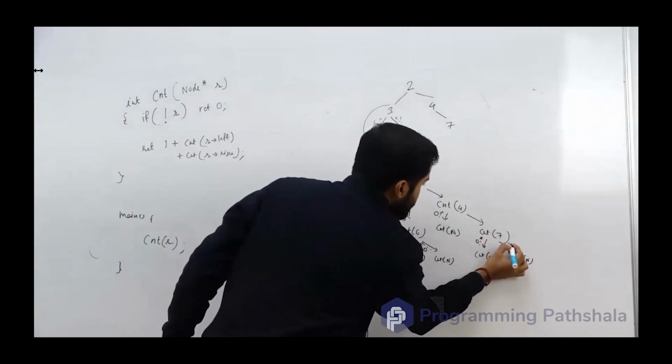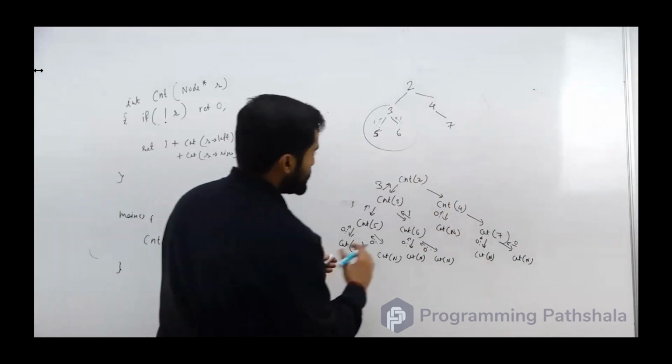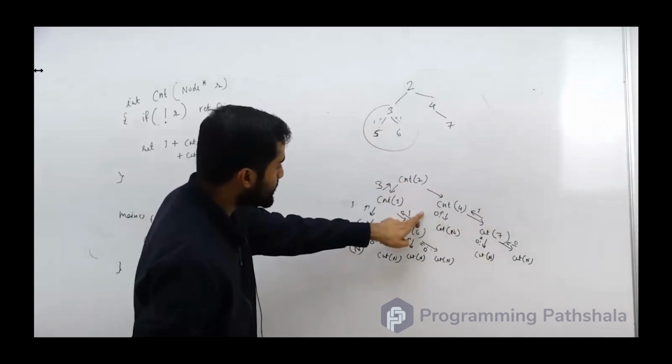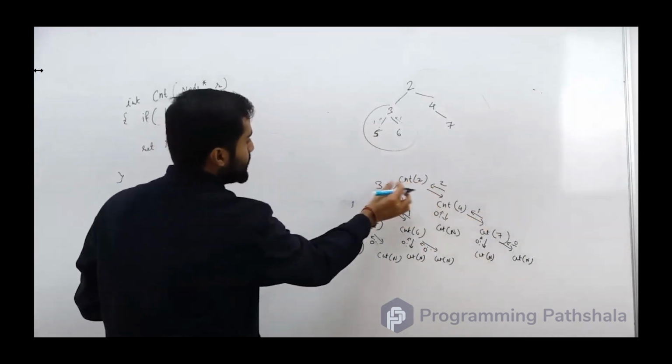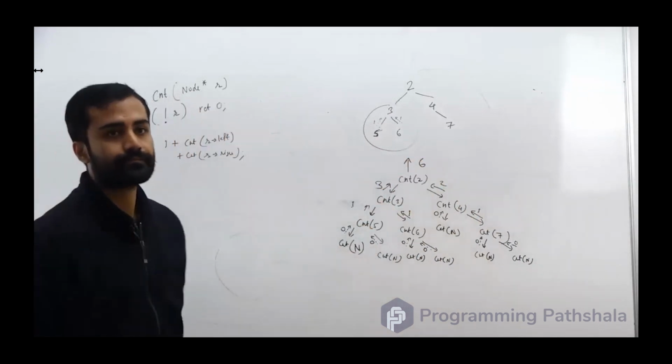You will return 0, you will return 0. And at this count of 7, you will return 1 plus 0, which is 1. And this count of 4 will again return 1 plus 0 plus 1, which is 2. And this count of 2 will return 1 plus 3 plus 2, which is 6. That's how things get returned.